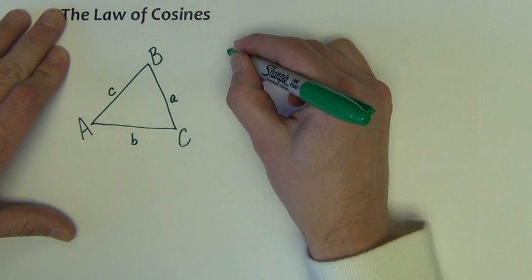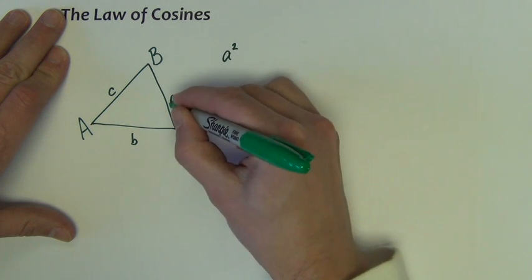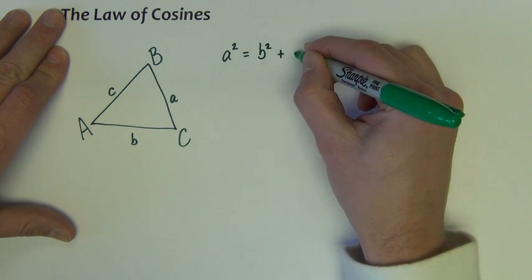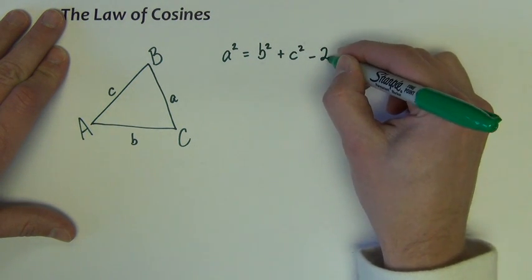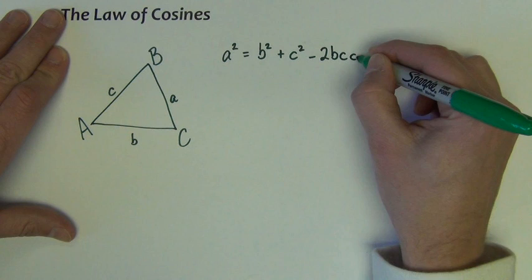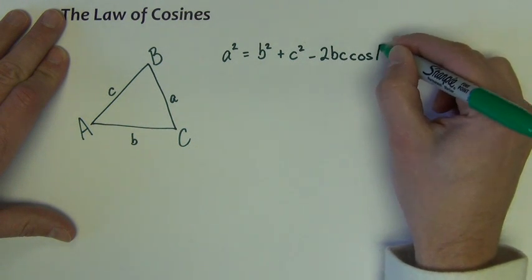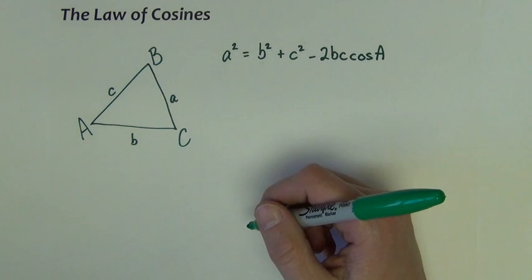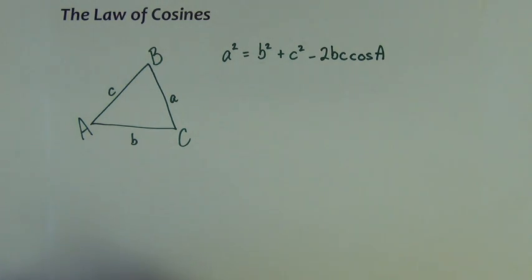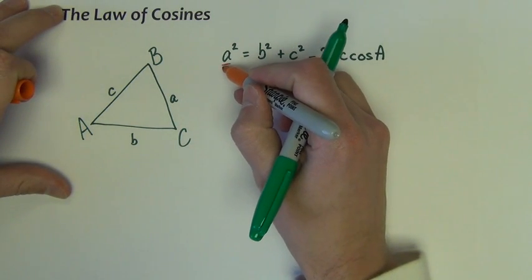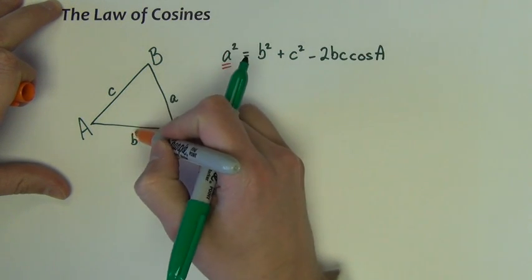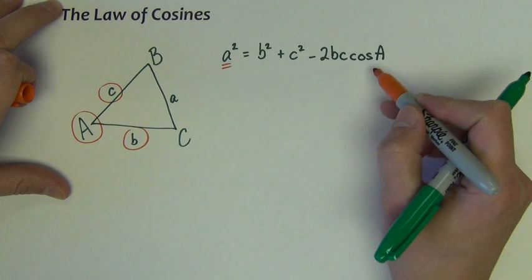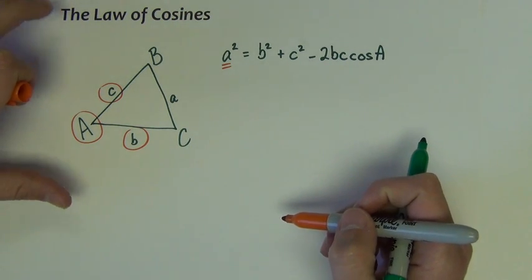It says that a squared, that's little a for the side, is equal to b squared plus c squared minus 2bc cosine of A. Notice, let me highlight those pieces here. In order to find side a, you need side b, side c, and angle A, the angle between them.